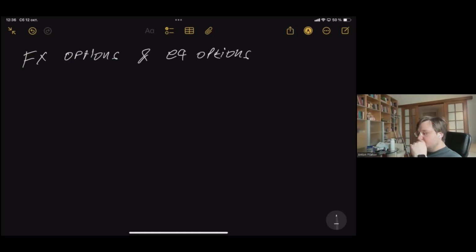So those options are traded on the exchange, as I said. It means that usually there are several terms and a bunch of strikes you can trade. They're predetermined. The first task of the project will be to get the data and to construct the volatility surface.